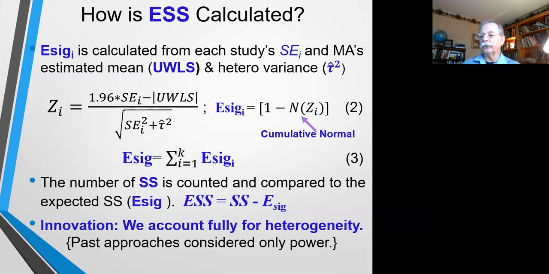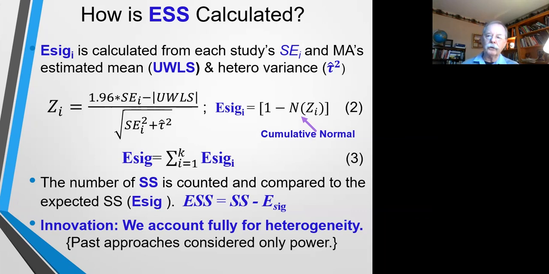Then we put this in a simple Z formula, where again, the unrestricted weighted least squares is the mean, and the variance is the sum of the standard error squared plus tau squared, of course, the square root of that, and make it a Z value. 1 minus the cumulative normal for that Z value gives us each of these Esigs for each study, each estimate.